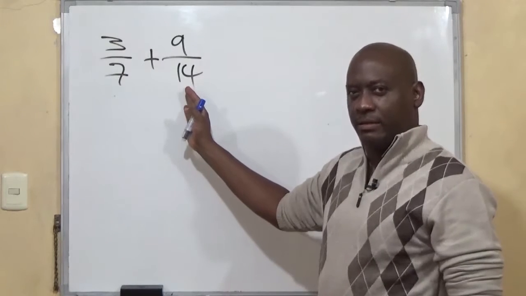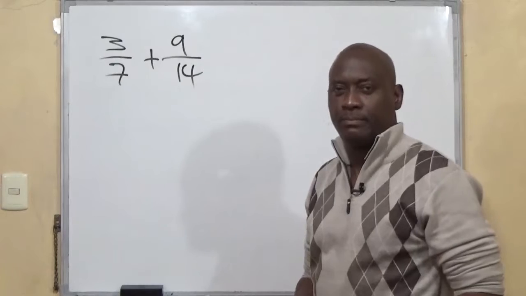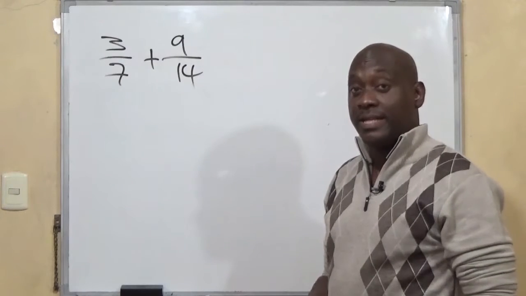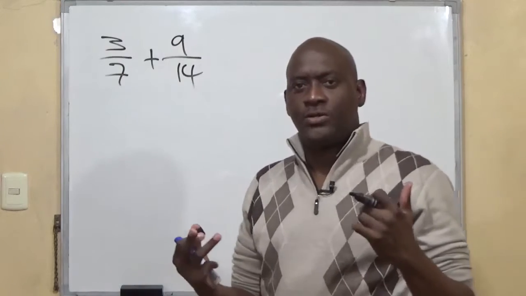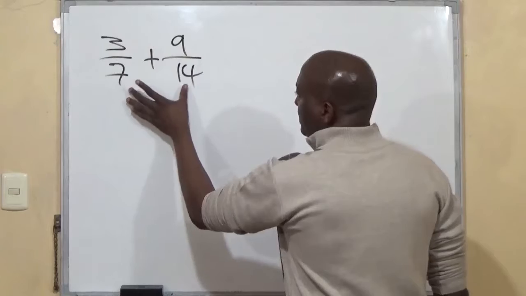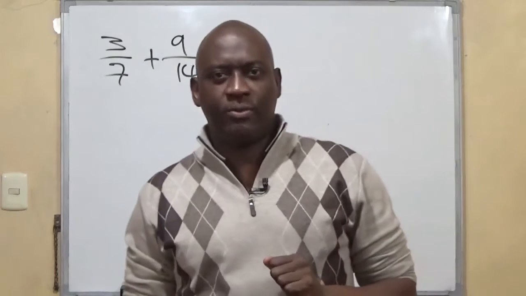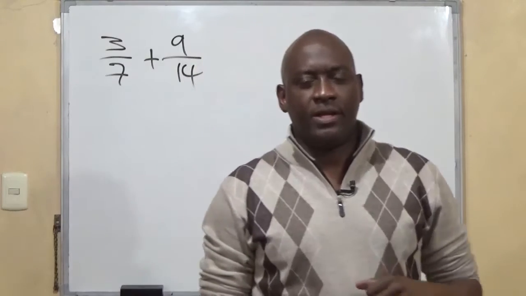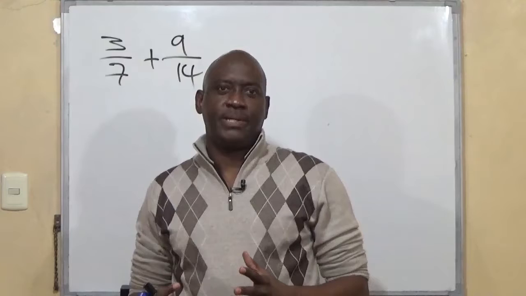It is clear from a visual inspection that these two are not the same. But if you have an awareness of your tables, it is also just as clear that there is a relationship between the 7 and the 14, because you know that 7 by 2 is 14. Now this is where the whole issue of knowing your tables comes into the picture.